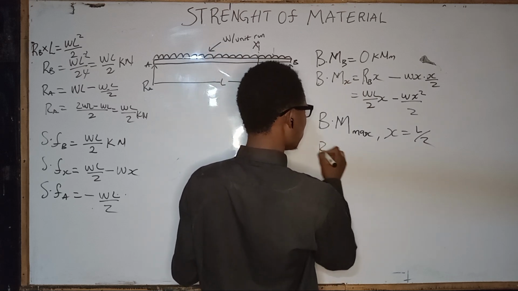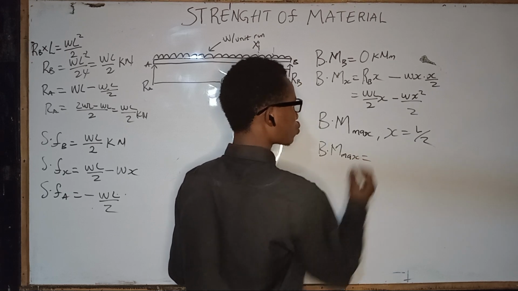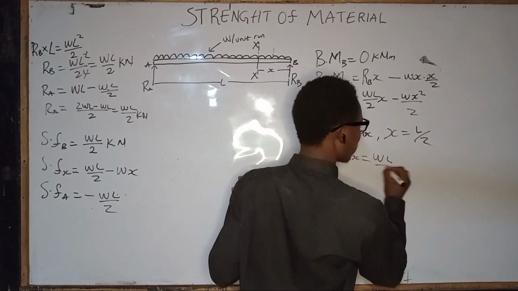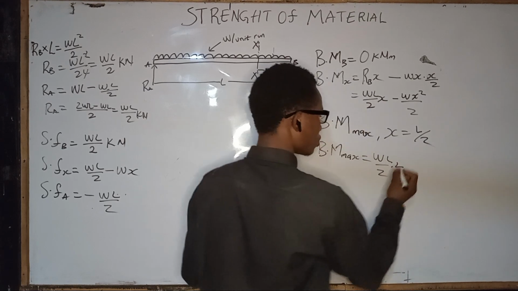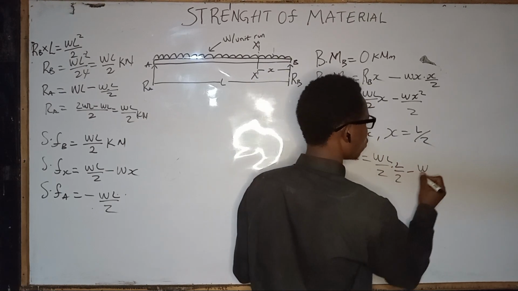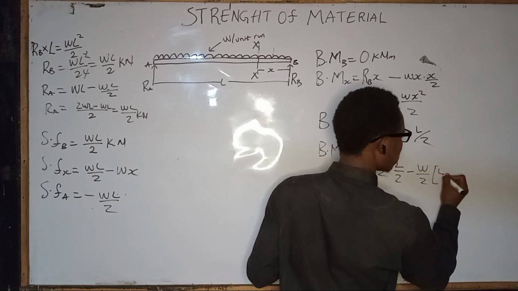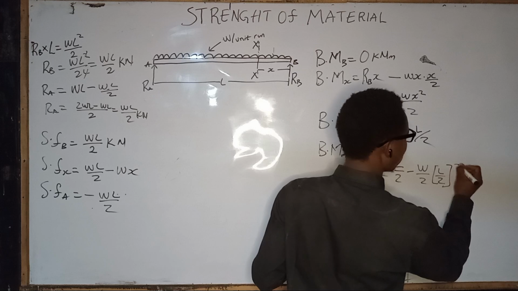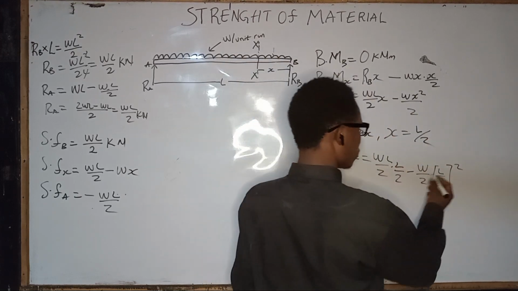So the bending moment at the max will be equal to WL over 2 times x, which is L over 2, minus W over 2 times x squared, so L over 2 squared.